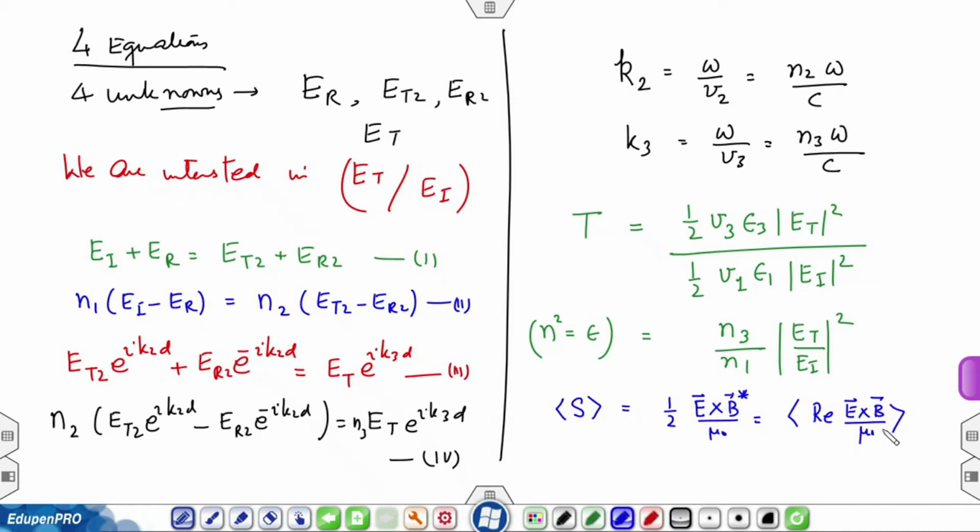So, this all gives you this. So, N3, N1, everything is known. All I want to calculate is ET in terms of EI, and I have these 4 equations. So, we can quickly do this.